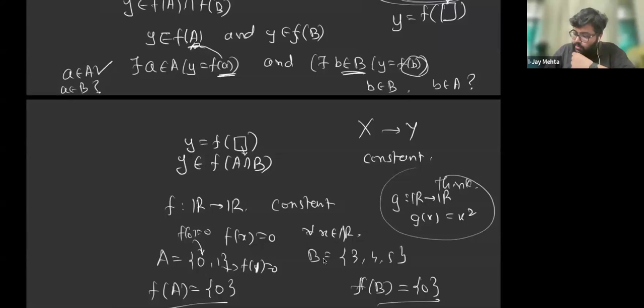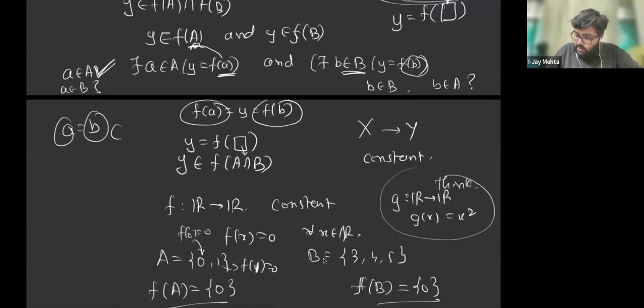But now notice this, we have y equals f of a and y equals f of b. So f of a equals f of b. If a equals b, then I'm done. Why? Because a is in A and a equals b, so a is in B. So a is in A intersection B. How many of you agree?